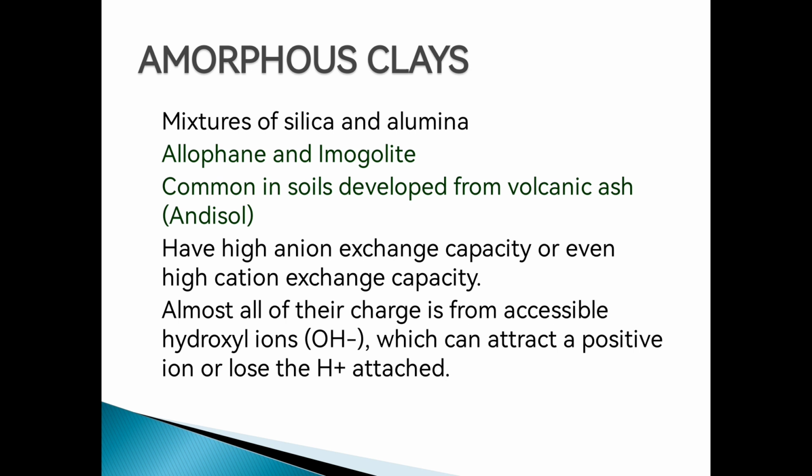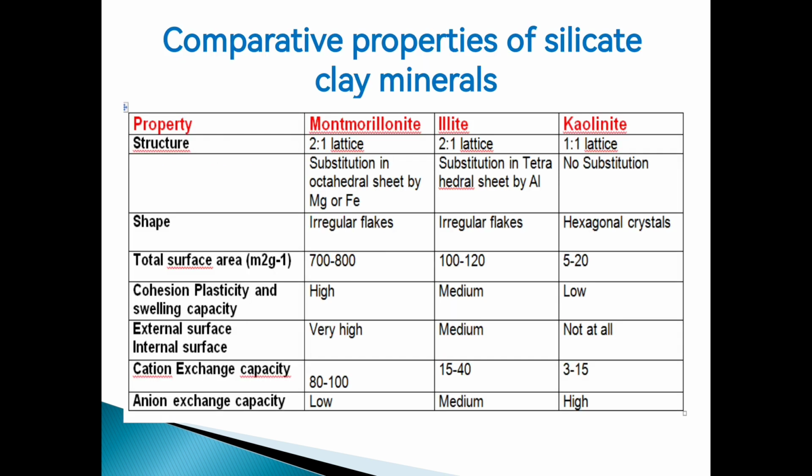And almost all of their charge is from accessible hydroxyl ions, which can attract a positive ion or lose the hydrogen attached. This table compares the different properties of silicate clay minerals. So we have here the property and the kind of clay minerals. So we have Montmorillonite, Illite, and Kaolinite.